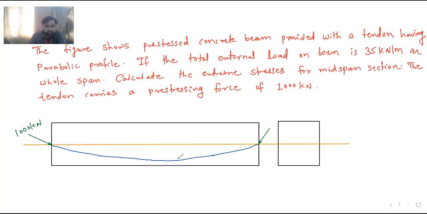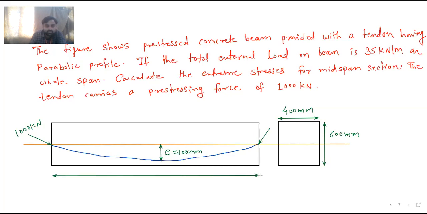Then the eccentricity at the center, the maximum eccentricity, is given as e equal to 100 mm. And then this is 400 mm. This is 600 mm. And the total span is also given. Total span is 6 meter.